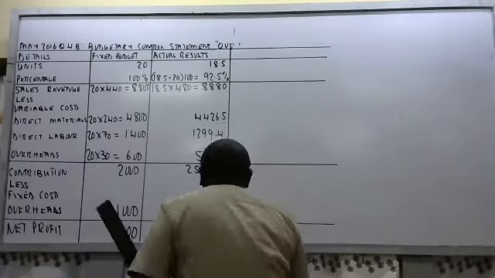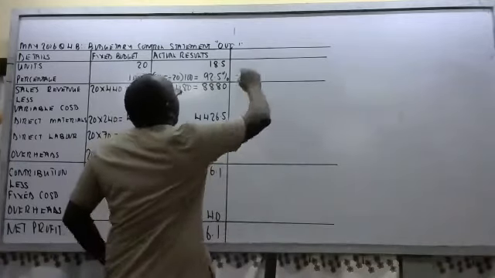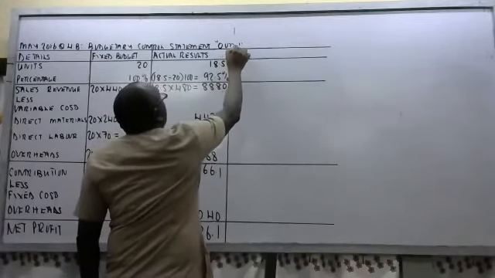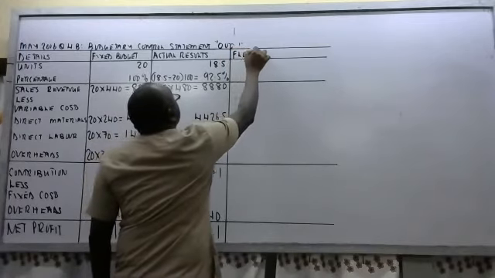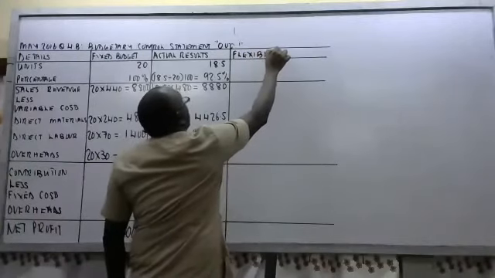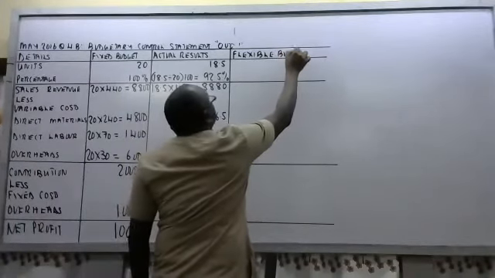Now from there, we require the last column, which is called flexible budget.